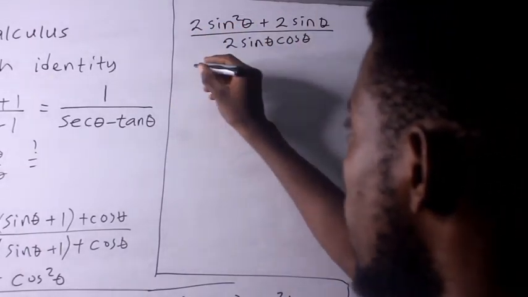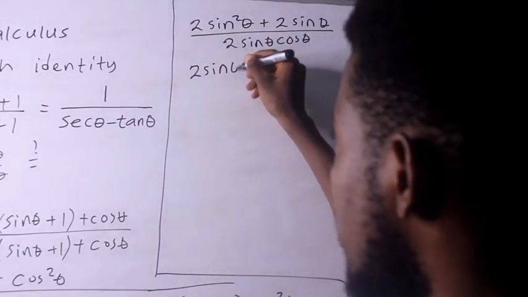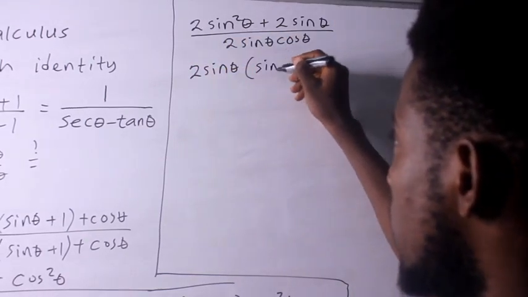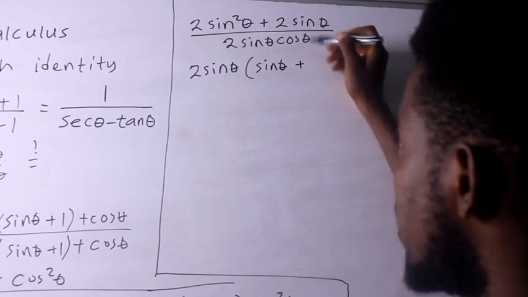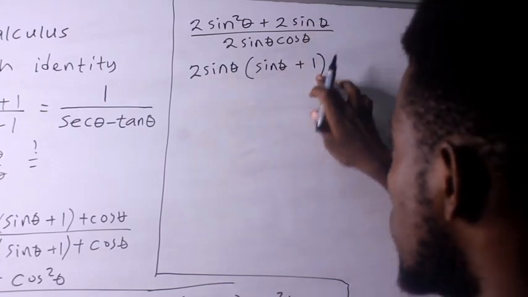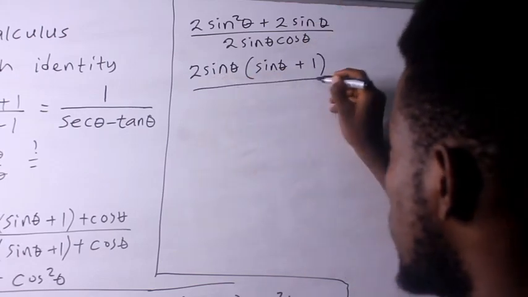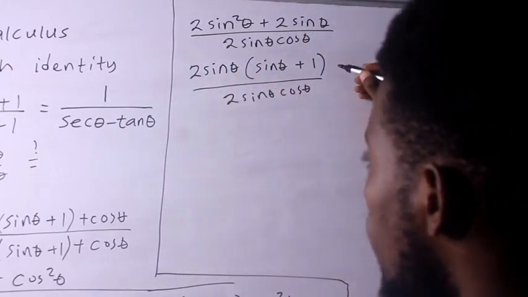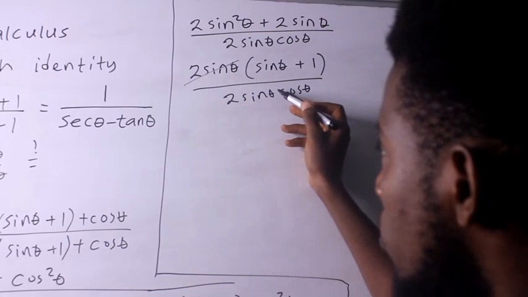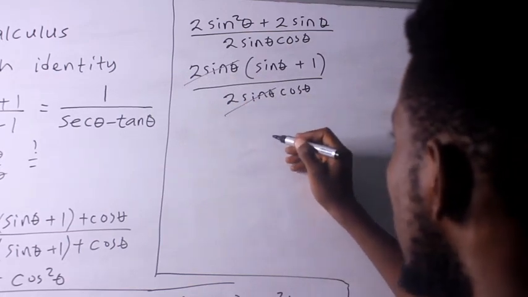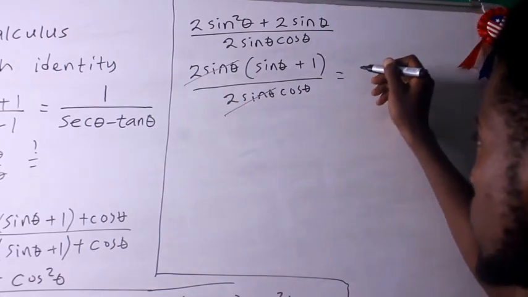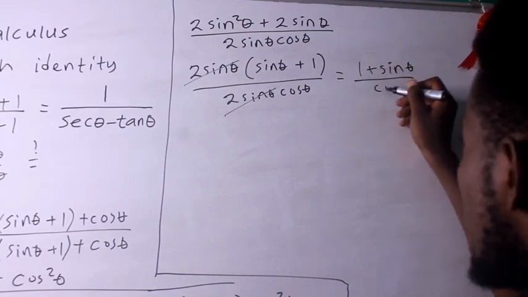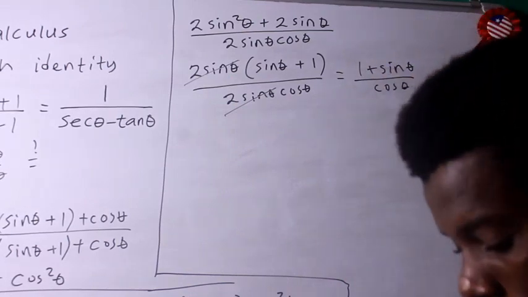So from the numerator we have 2 sin theta, parentheses open, sin theta plus 1, all divided by 2 sin theta cos theta. Now 2 sin theta will cancel out 2 sin theta here, and we'll just be left with 1 plus sin theta, all divided by cos of theta.